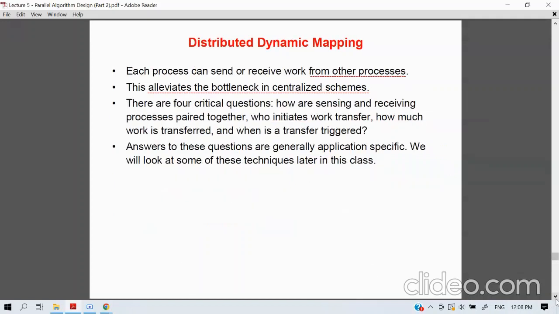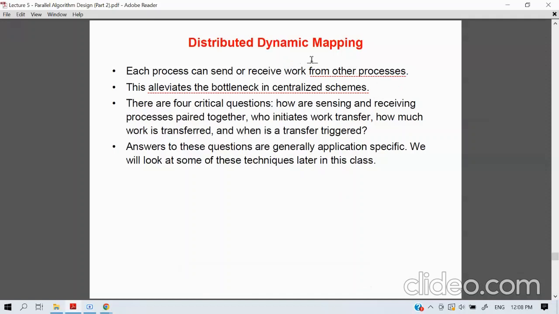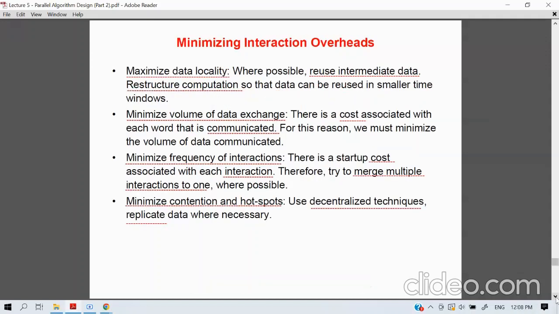If distributed, all the processes can communicate with each other, can interact, but they need to question themselves before they start to do the mapping by determining how to send the data and receive the data, who initiates the work transfer, who starts first, who will receive, who will send, and many other questions to be considered.